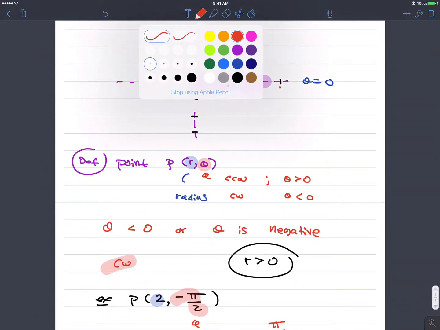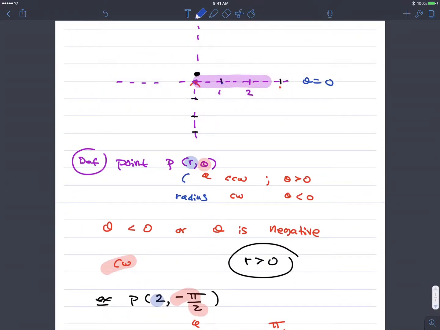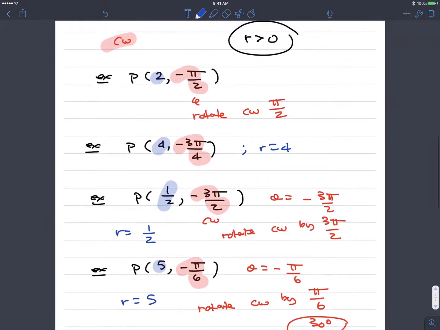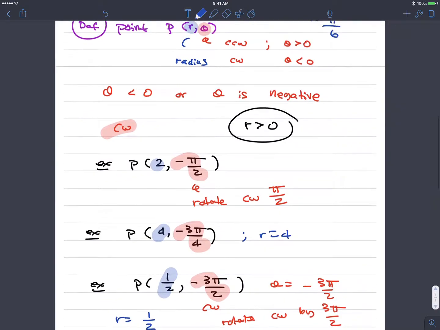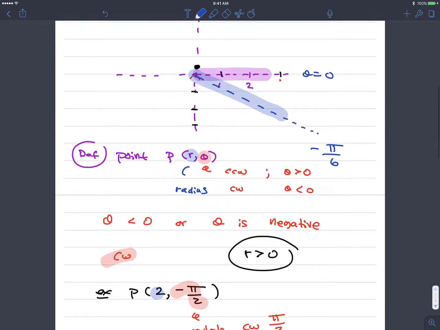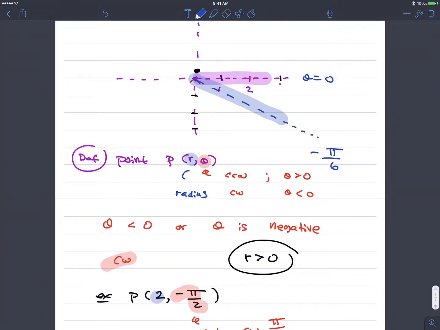So we know that already. So, okay, this will be what we look at, I guess. We can do it this way. It's along that line, I guess, that rotation, right? So this is negative. Maybe you have to keep going. This is negative pi over 6. What is the radius again? 5. Is the radius positive? So it's going to be along this line here.